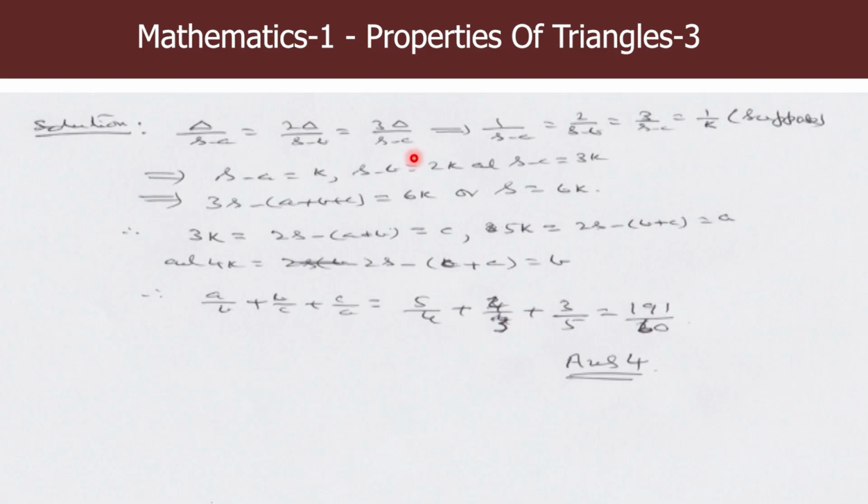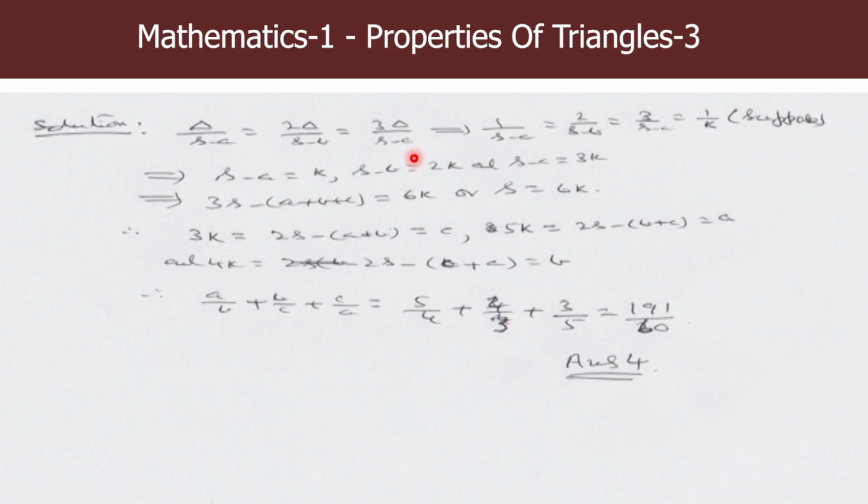So therefore, 3k is equal to 2s minus (a + b), which is c. And similarly, 5k is equal to 2s minus (b + c), which is a. And 4k is equal to 2s minus (c + a), which is b.